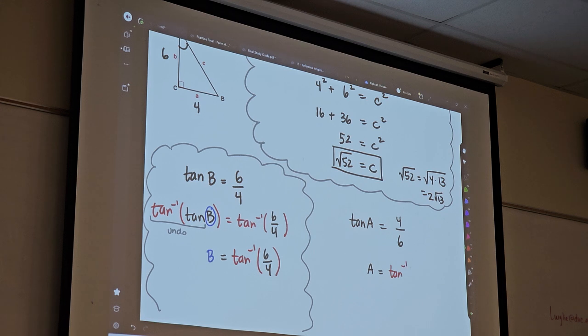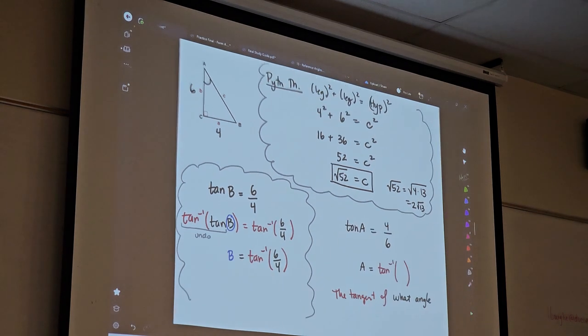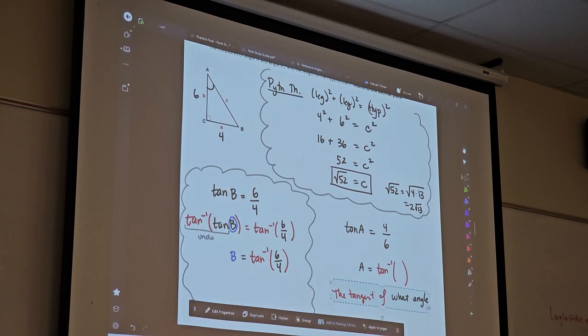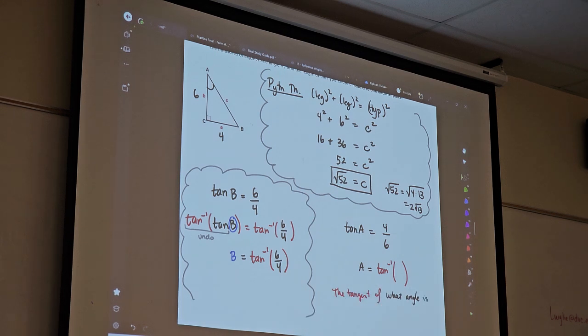Undo the tangent. This is literally saying the tangent of what angle is the number I'm showing you? Is 4/6. That's exactly what I want.